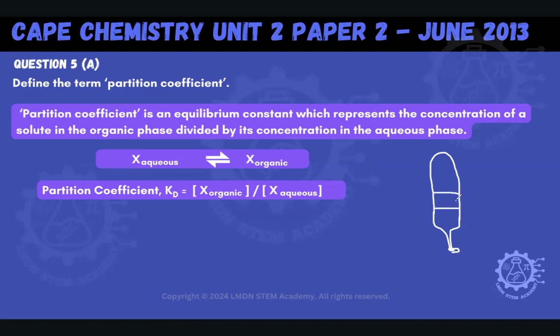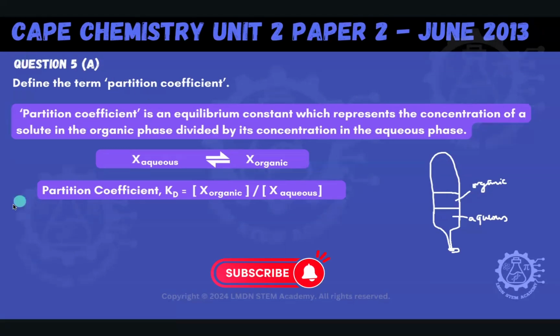I'm going to have my organic layer on top, and an aqueous layer down here on the bottom. I'm going to have some of my solute in here, and some in here. So it's partitioned between both of these phases, the organic phase and the aqueous phase. We represent that using this expression, known as the partition coefficient. All right, we're going to move forward now.